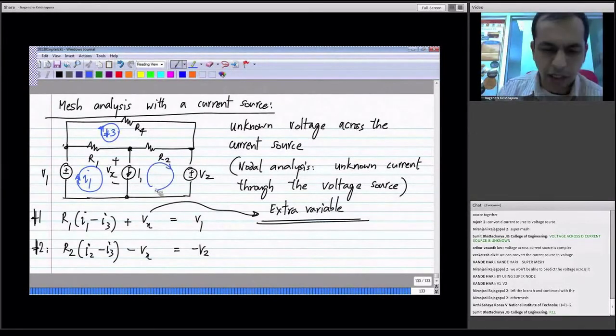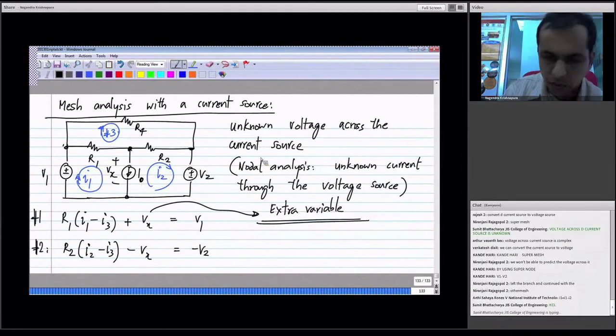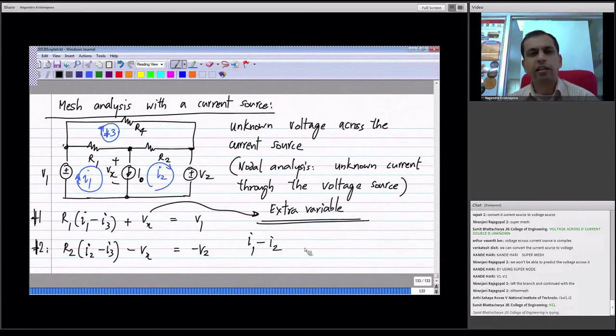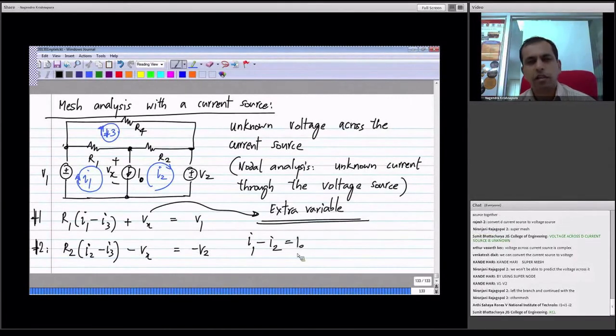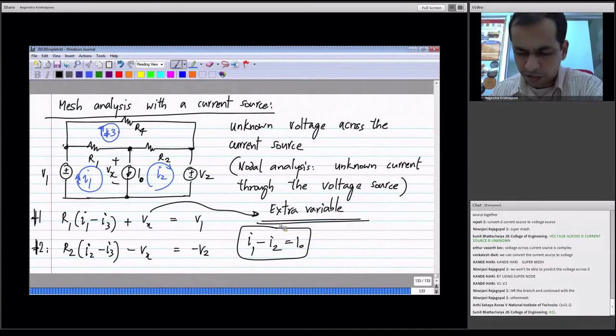As RP answered, I1 minus I2, which is this branch current, is known, that is defined by the current source, and that will be equal to I0. Now we did exactly this when we had nodal analysis. When a voltage source was connected between node 3 and node 4, let's say, we said V3 minus V4 equals the voltage source value. So that gives us the extra equation. The extra equation is nothing but the definition of the current source.